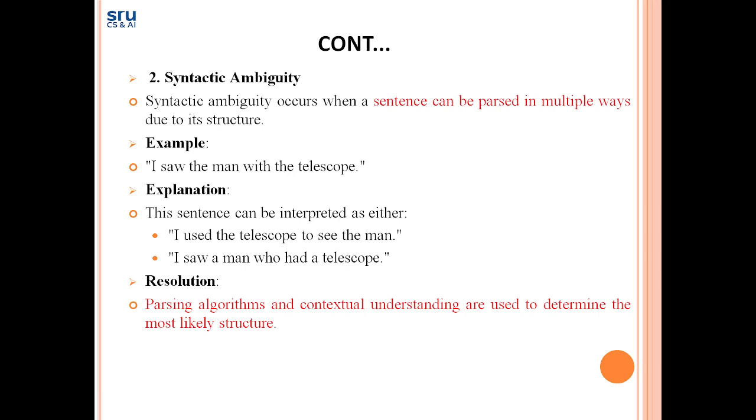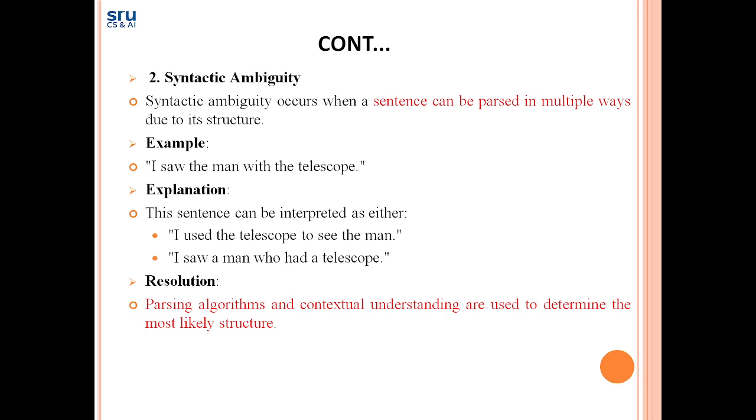Syntactic ambiguity represents when a sentence can be phrased in multiple ways due to its structure. So take the example here, I saw the man with the telescope.